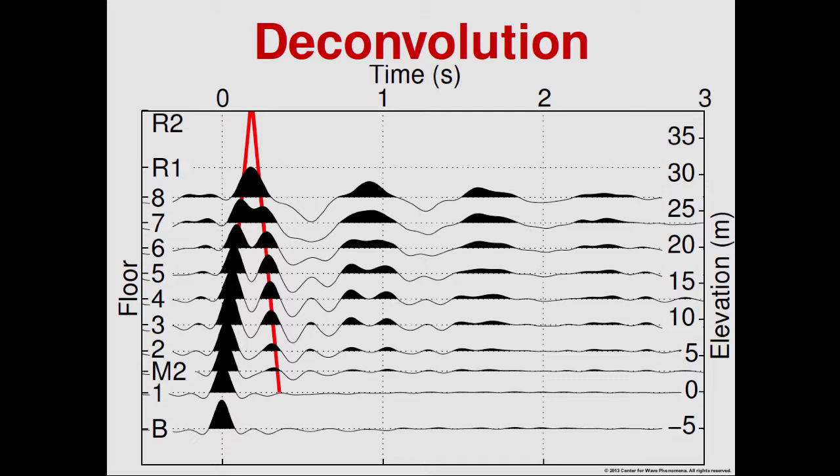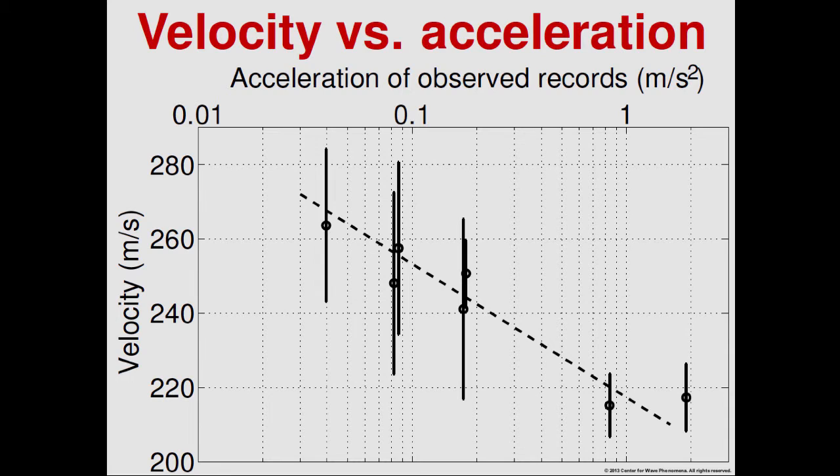From each earthquake, we can obtain these deconvolved wave fields, and we can estimate the velocities. Each black dot on this figure shows the estimated velocity from each earthquake. This is a cross plot between the estimated velocities and the acceleration of the observed record at the first floor.